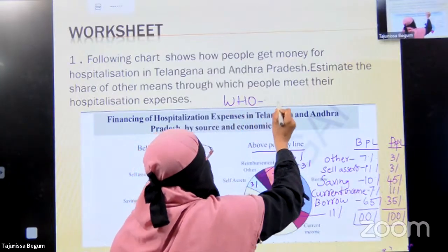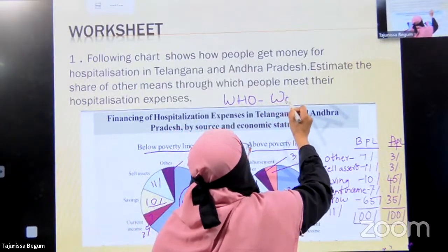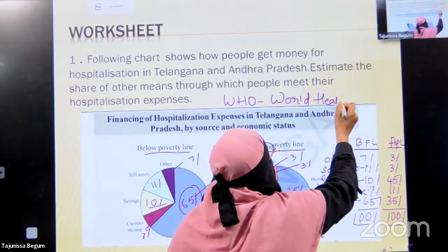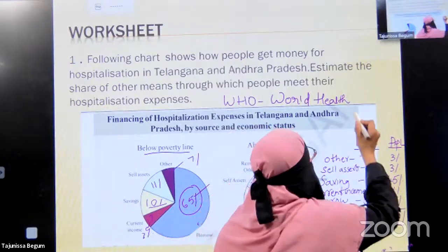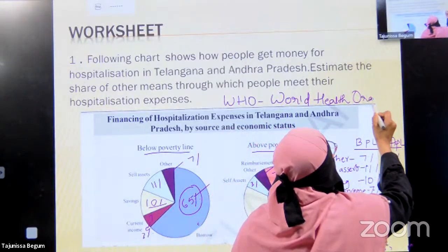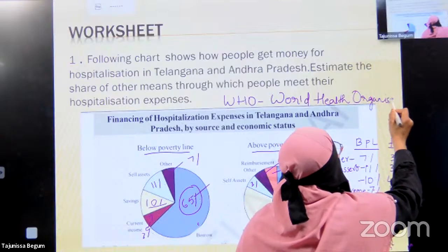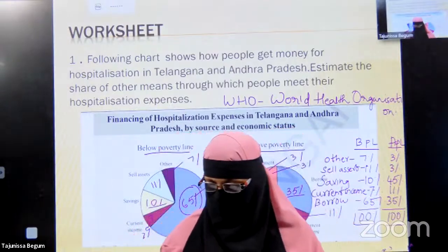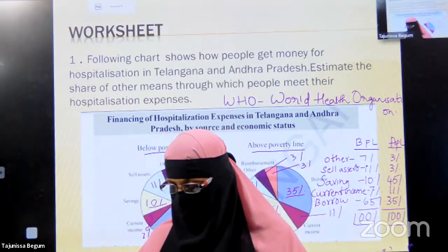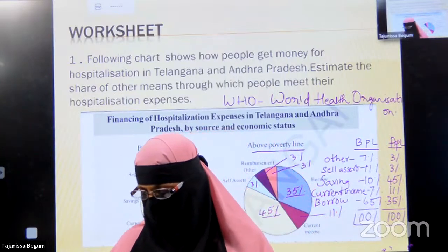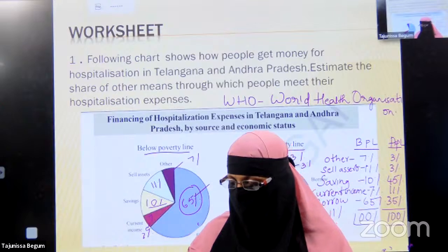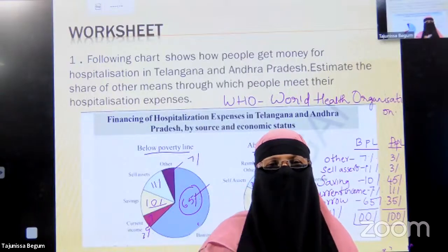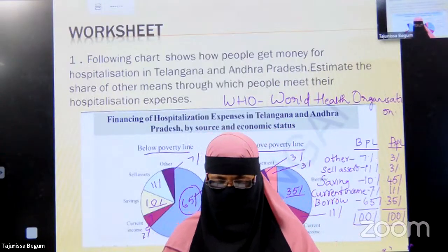WHO, World Health Organization. So it is the responsibility of the World Health Organization to see that the people are getting better health, poor nutrition contribution should be there, and they should decrease the death rates, and they should give importance to the health services.